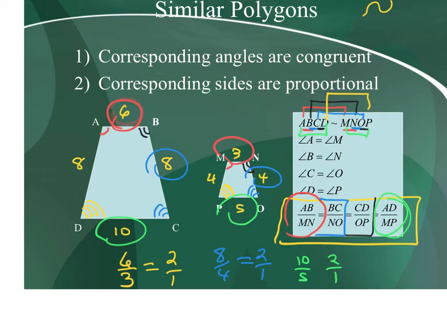And then lastly, the same one that I already did, the 8 to 4. Notice they simplify to the same ratio. So because all four sides simplify to the same ratio, I can say that these two polygons are similar. Their angles are congruent, and their sides all are proportional. Pretty good?